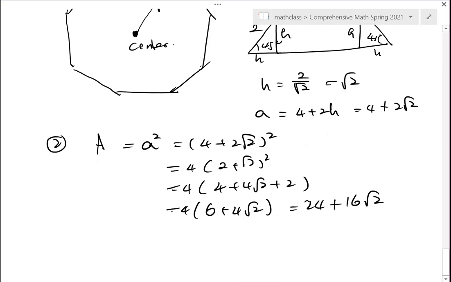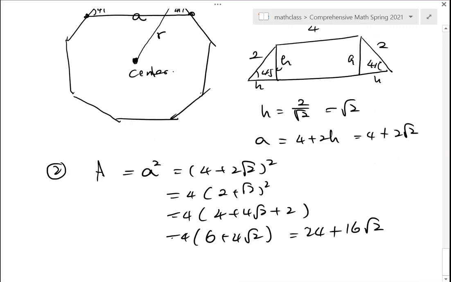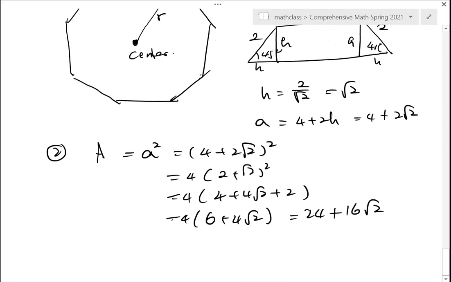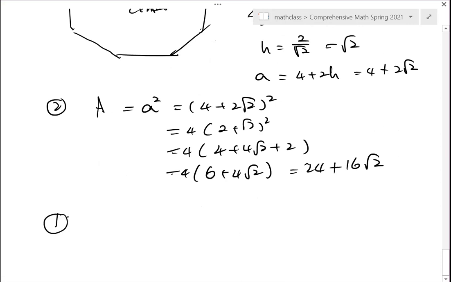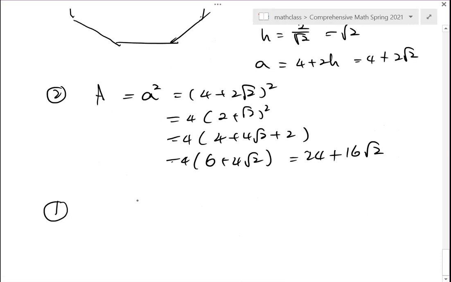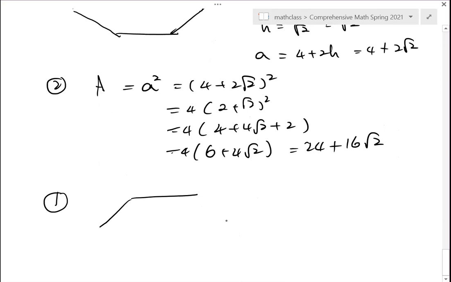In order to find the area of the octagon, I just need to find the area of this piece, right? And the area of this piece is going to be, here's a 4, here's a 4 plus 2 square root 2, and this height H is square root 2, right?